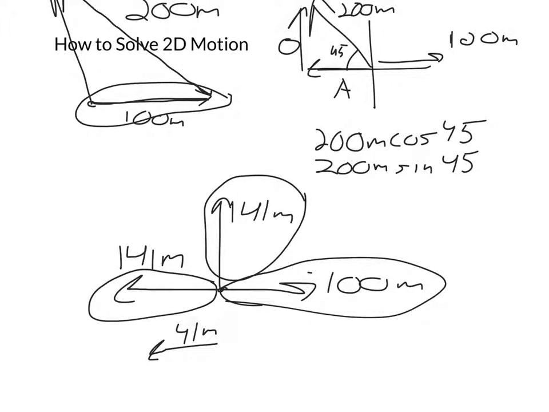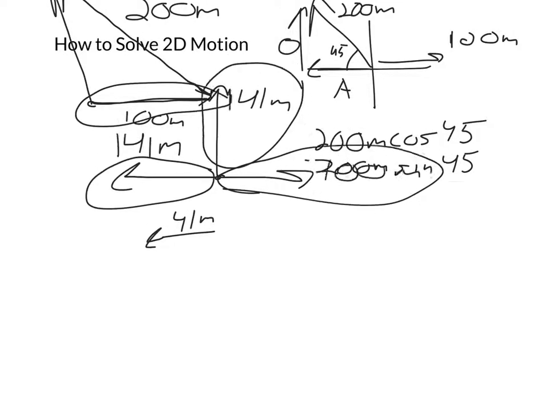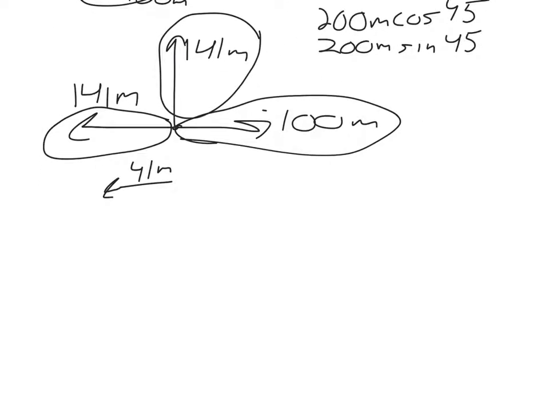So if I draw the leftovers here, the net leftover vectors are just 41 meters horizontally to the left, or to the west, you could say, and 141 meters vertically, or to the north. And I have not added them properly. This is just showing you what they look like. If I add them, I have to do them head to tail.